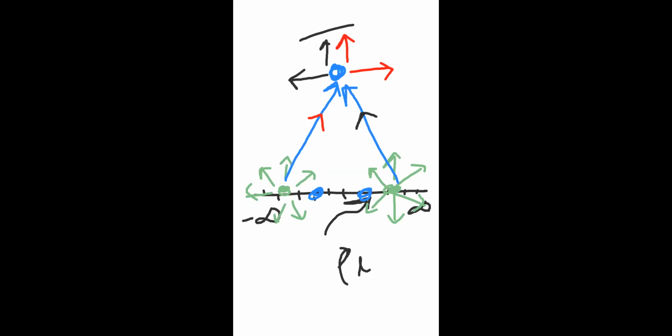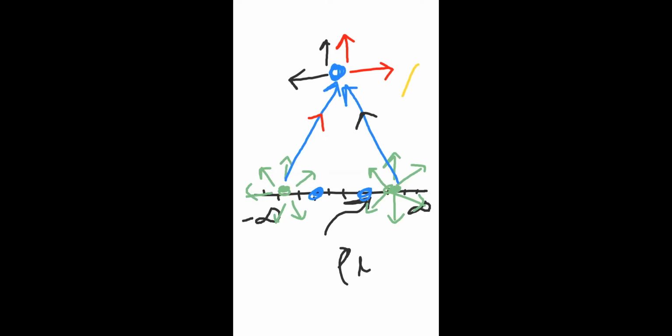Now what happens? Again, this is in a symmetrical position with respect to these two axes. That means the amount of electric field here and here is the same, but they are going in opposite directions. Once they go in opposite directions, what is the resultant value? The resultant value is 0.